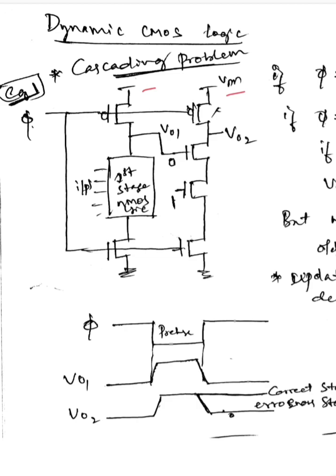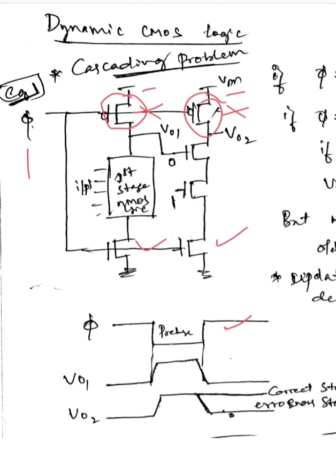Now we come to the evaluate mode. In evaluate mode, phi is equal to 1, meaning the clock signal is 1. So we provide 1 to the precharge transistors as well as to the evaluate transistors. When the gate of a P transistor gets 1 as input, it is off, so these two P transistors are off.